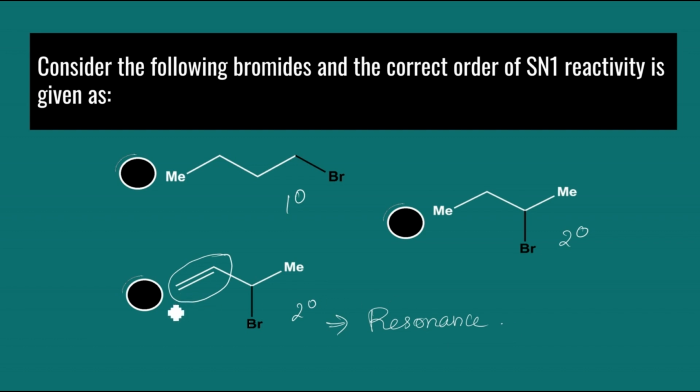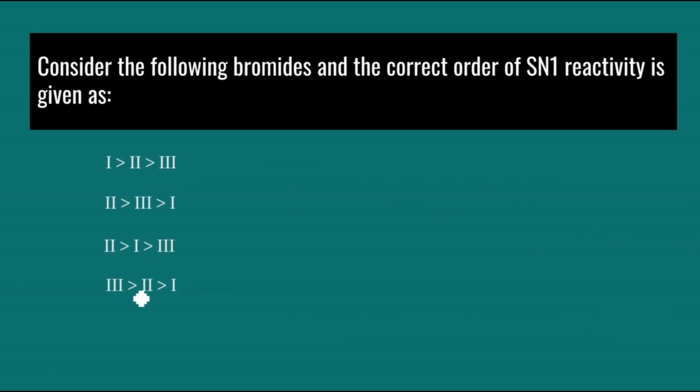Let me name them 1, 2, 3. Compound 3 undergoes it fastest, then secondary, then primary. So 3, 2, 1. Option D is your answer.